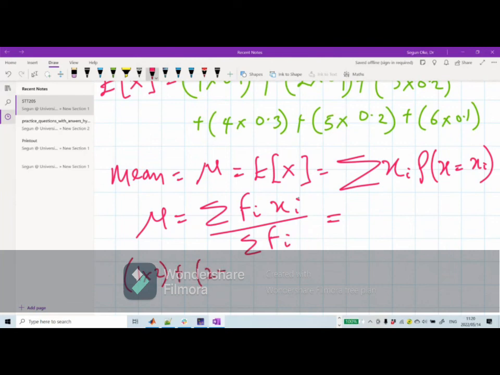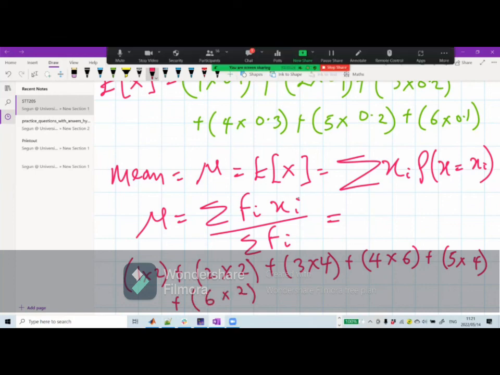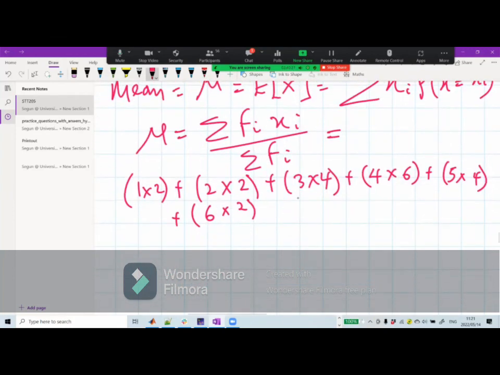I'm just trying to show you something that we have done before. 3 multiplied by 4, and everything divided by 20, because the total frequency is 20, right?